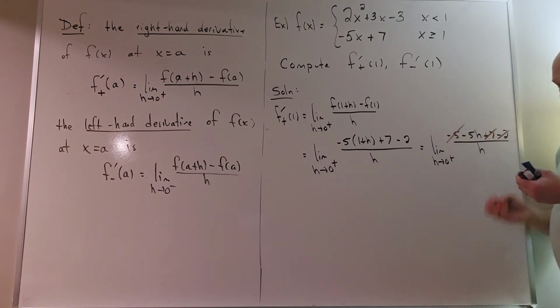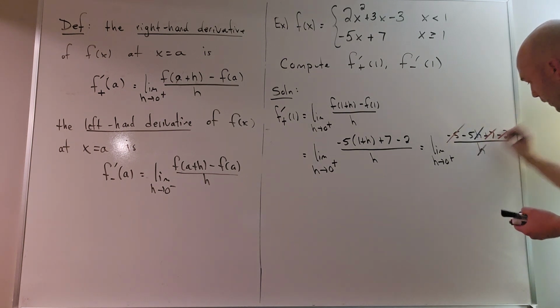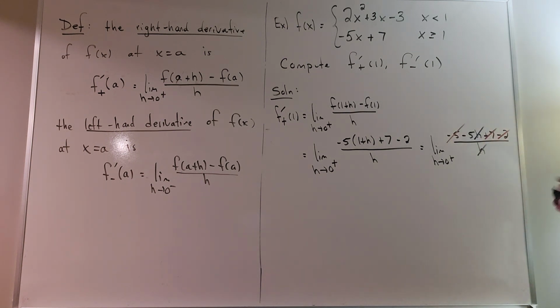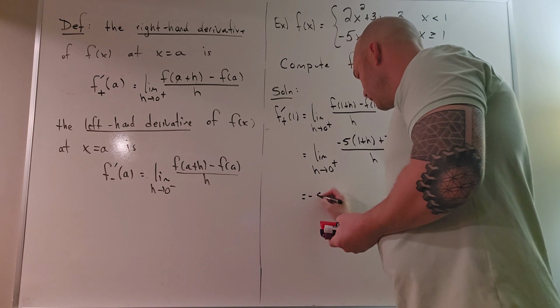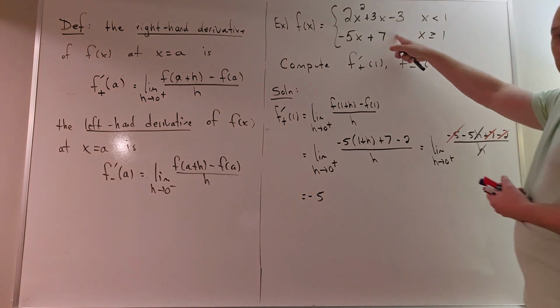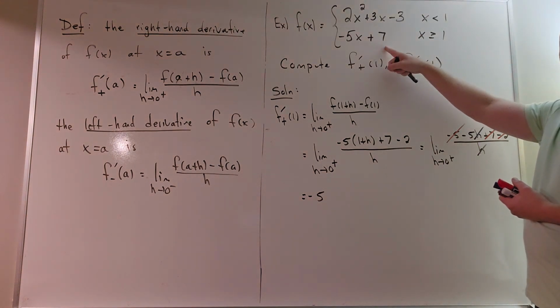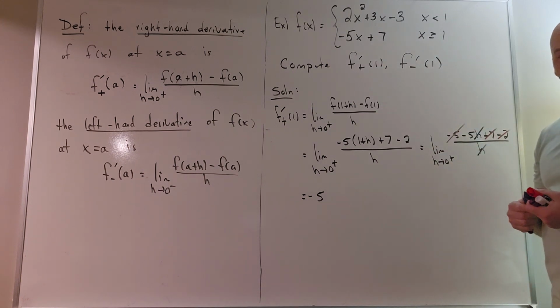After I cancel those constants, then I can cancel the h on the top and the bottom, and then I have the limit as h goes to 0 of negative 5, which equals negative 5. Therefore, for this piecewise function, if I look at the graph, at x equal to 1, and coming from the right, the slope would be negative 5.